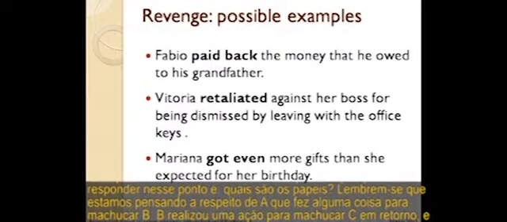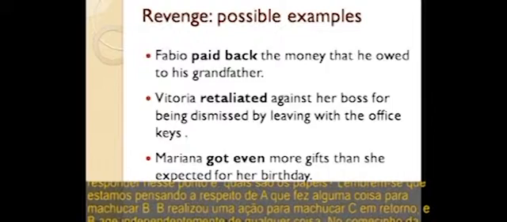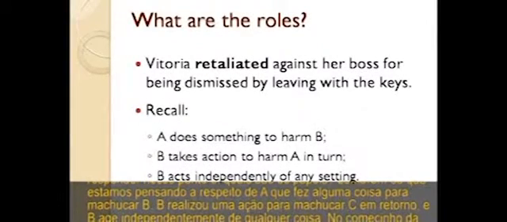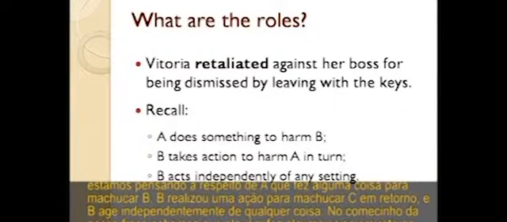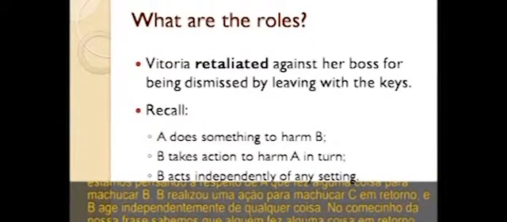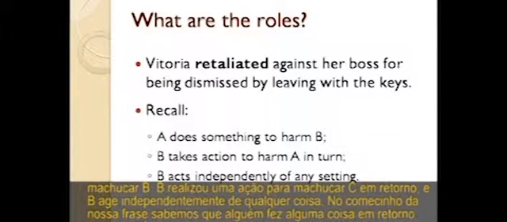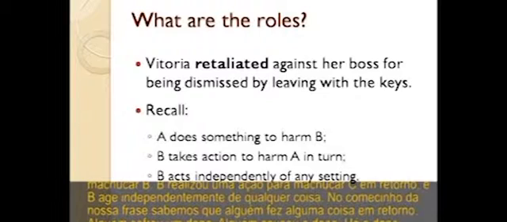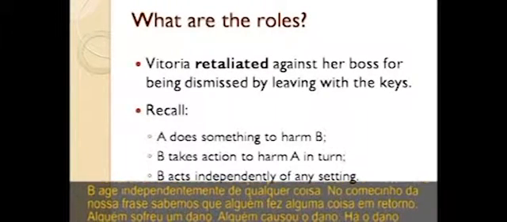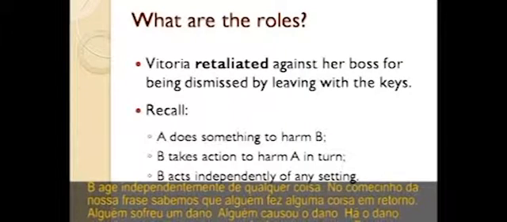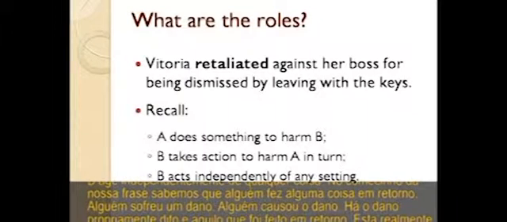So, at the very least, in our sentence, we know that someone did something in turn, right? Someone was harmed, someone did the harming, there's the harm itself, and the thing that was done in turn, right?